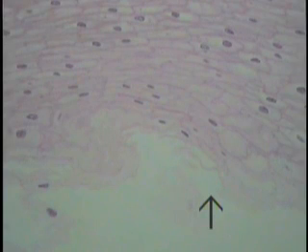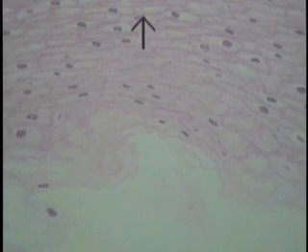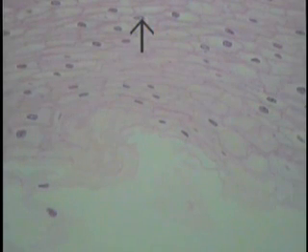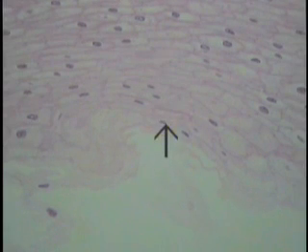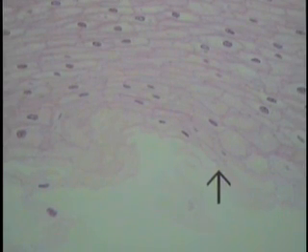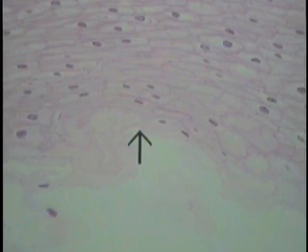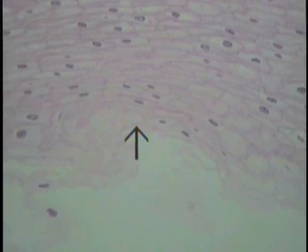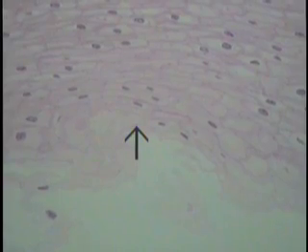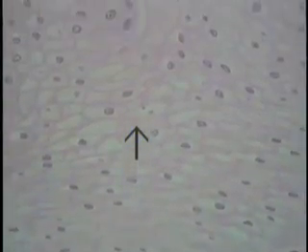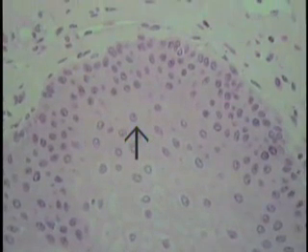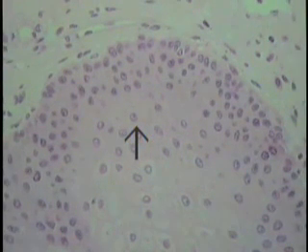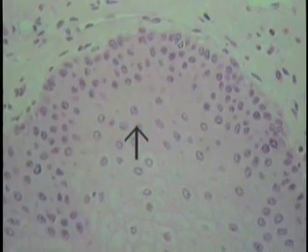I moved the section so one could actually see this where they're cut more vertically. Going from a spindle type of cell here to a very thin, flattened, squame-like cell. You know the nuclear profile is missing. You can see these very flattened cells sloughing off from the lumen. So this is the epithelial lining of the esophagus, a wet or non-keratinized stratified squamous type of epithelium.